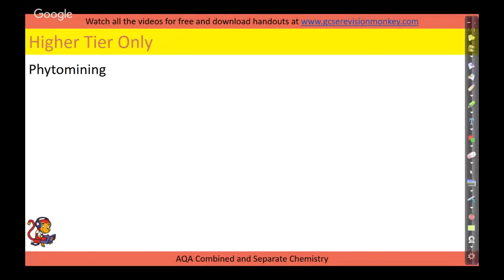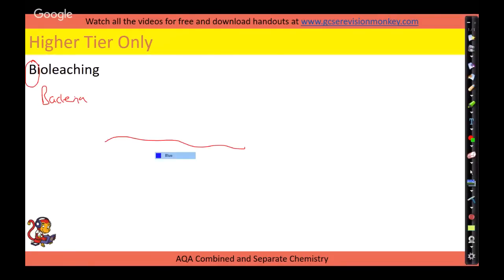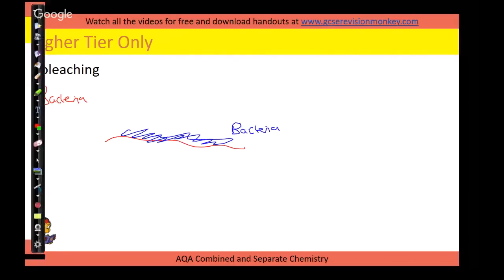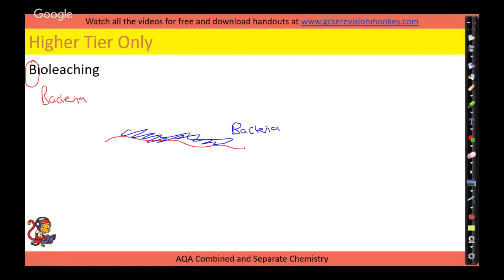So bioleaching, similar process, but using B for bacteria. So this time you've got your bacteria, which you grow on your low-grade ore. And this time the bacteria break down the copper compounds that are in the ore. They use the energy from that, and then they produce a leachate solution.